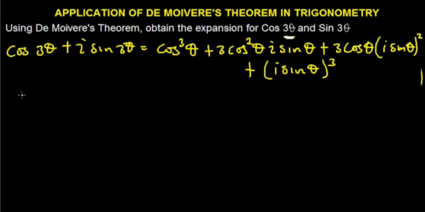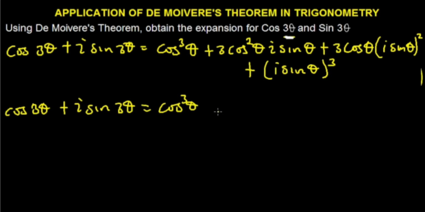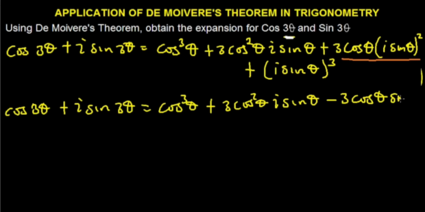All right, so we expand that one. Since we've expanded it, we're going to bring it into normality. We have cos 3 theta plus i sin 3 theta now equal to cos cube theta plus 3 cos square theta i sin theta. If I open this bracket, i square will be minus 1, so this one will be minus 3 cos theta sin square theta.